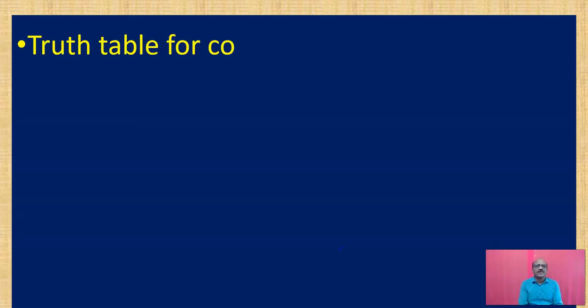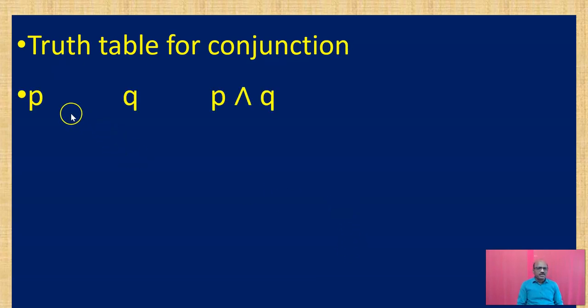Now the truth table for conjunction. See this here. P, Q, P and Q. For P we will take double T, double F, and for Q we will take TF, TF. Now first, P is T, Q is T. Both of them are true, therefore it is true.